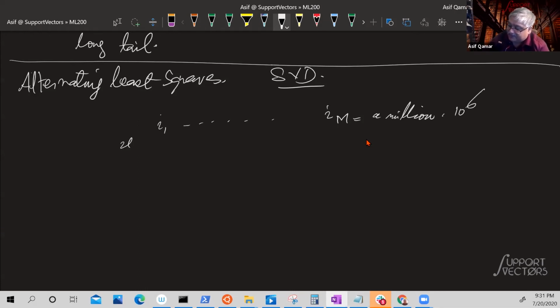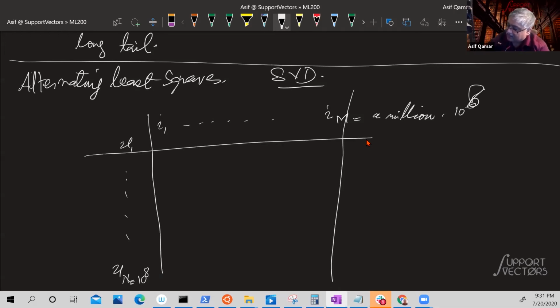Then you have users U1 to UN, again a vast number of users, close to 100 million or something like that, 10^8. Actually, the number of items these days is also large, 10^8. So suppose you ask this question: how would a user Ui rate an item Ij?